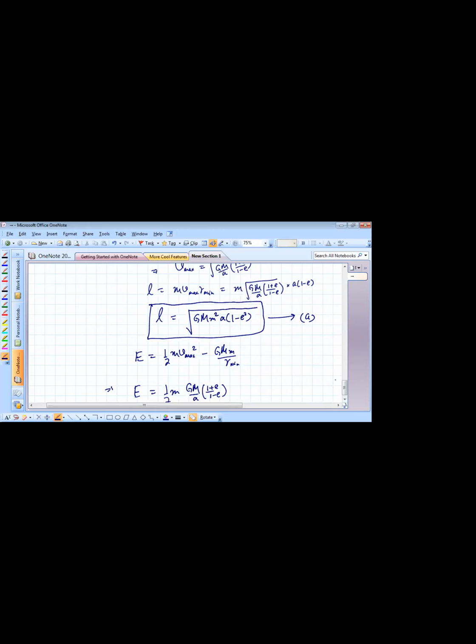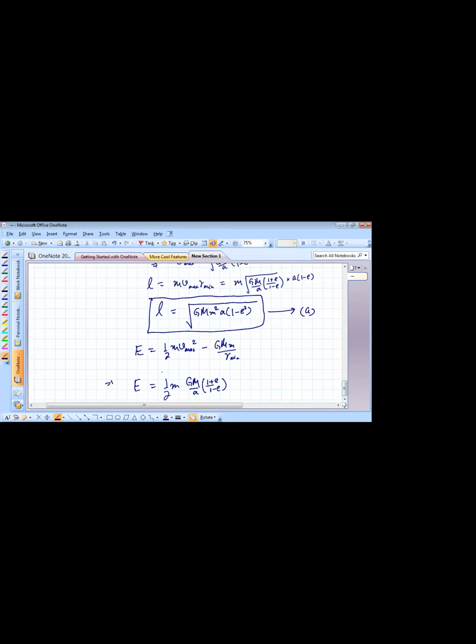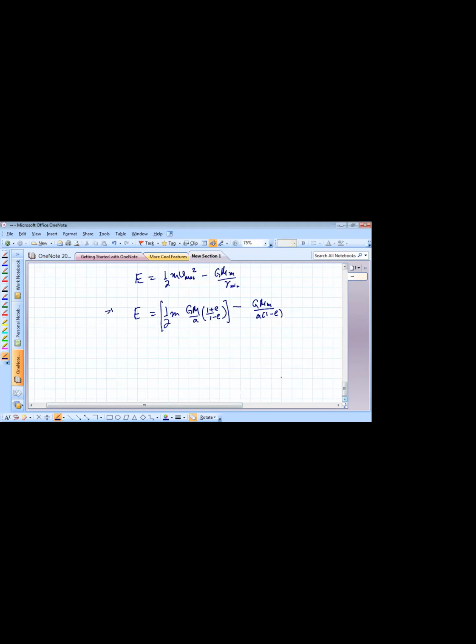So this is my maximum kinetic energy, which is clubbed together with the minimum potential energy. So again you have that kind of term. You can take GM upon a into 1 minus e as the common denominator. So you will have 1 plus e by 2 from here, and minus 1 from here. So the energy becomes, it's a negative quantity, so I'll write it this way.